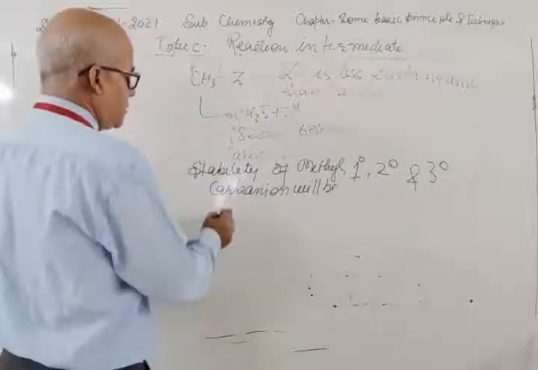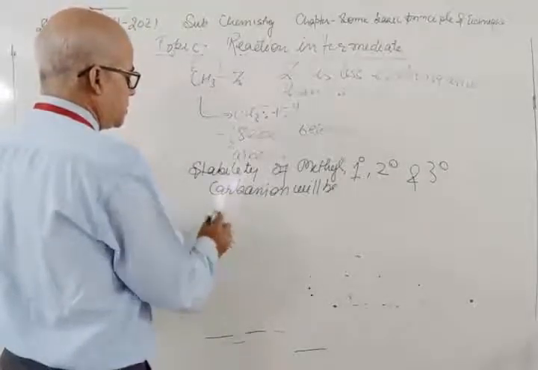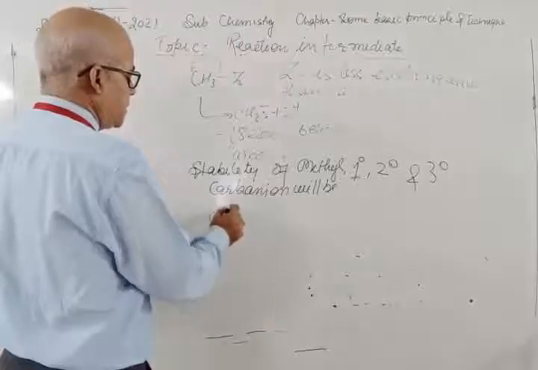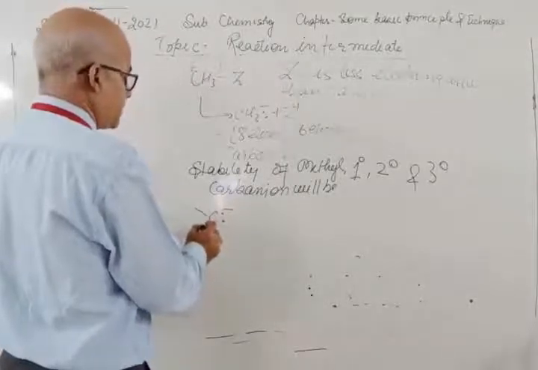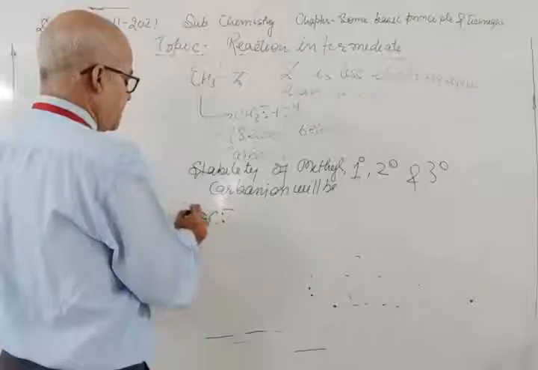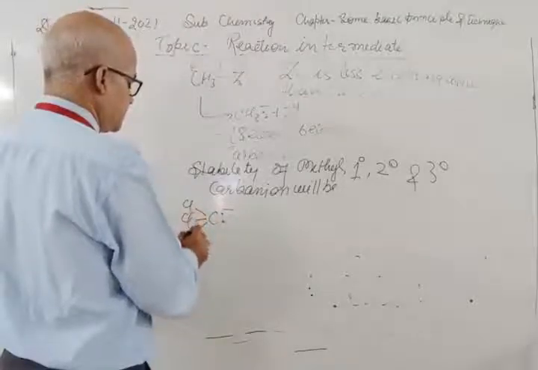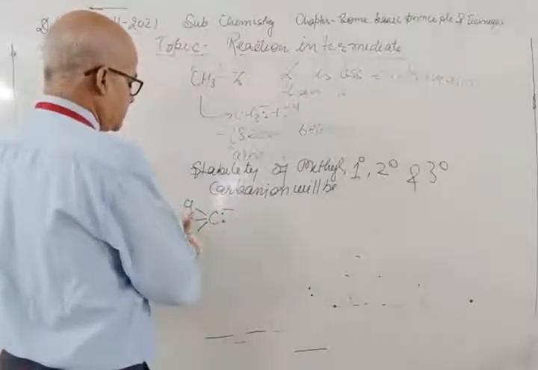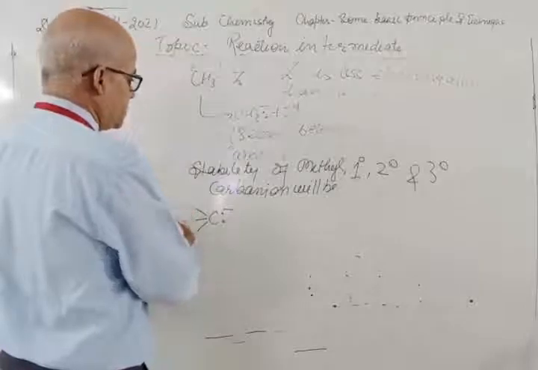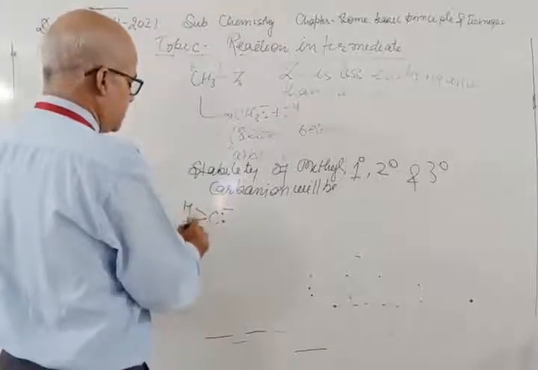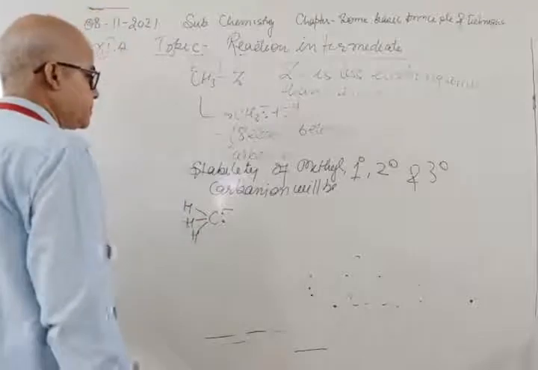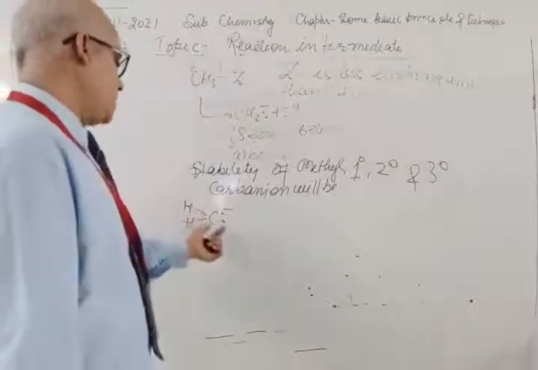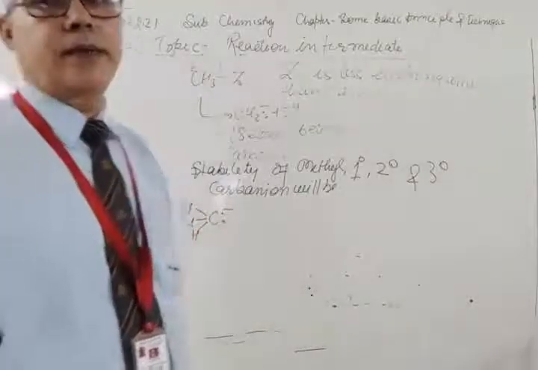Now you see here, suppose this carbon has 1 electron and this is the condition. This is not the condition. Here is H and H. This is the methyl carbanion.